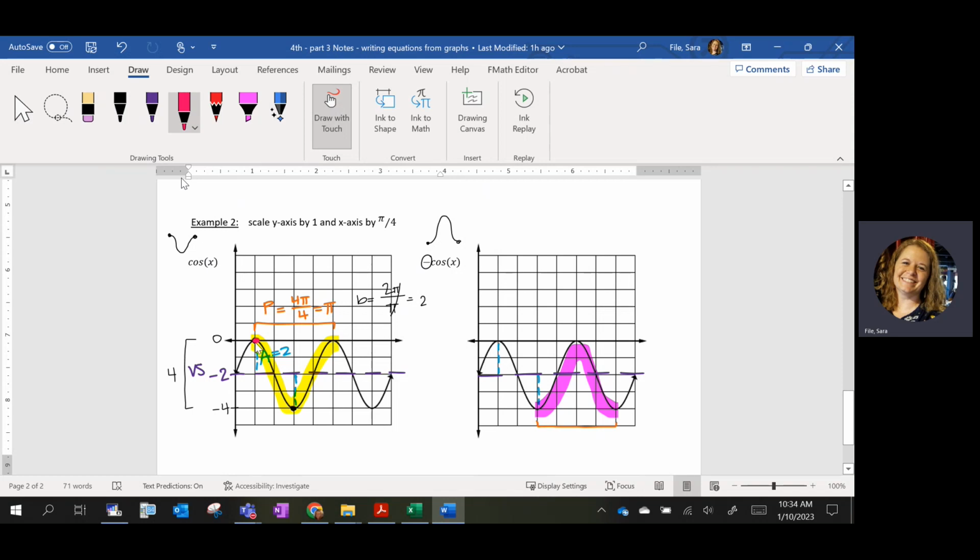So this is the starting point of a positive cosine cycle. And where is this located? At what x value here? At pi fourths. So this one has a horizontal shift of pi fourths. This starting point is where?